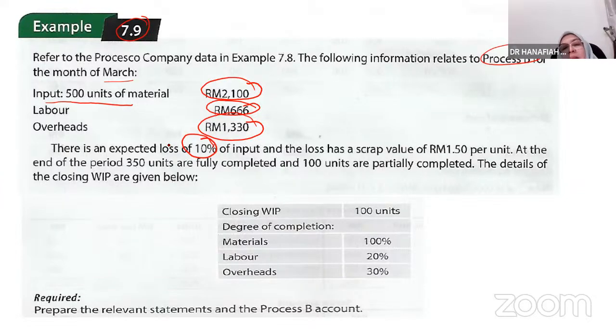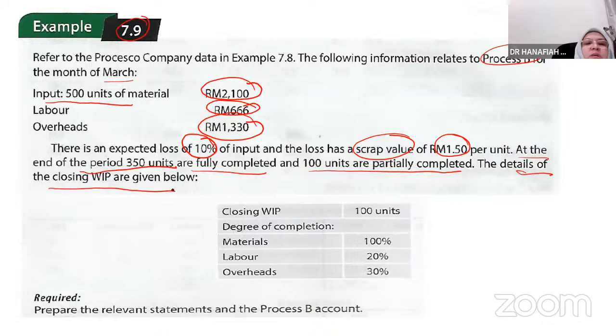And that loss is going to be sold for RM50. The loss has scrap value. So at the end of the period, 350 units are fully completed and 100 units are partially completed. The details of the closing work in progress are given below.